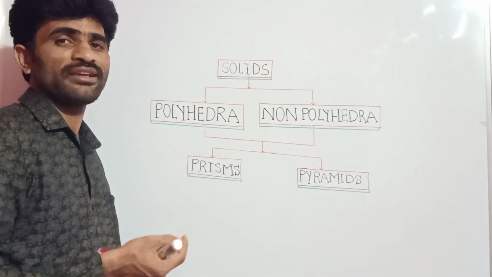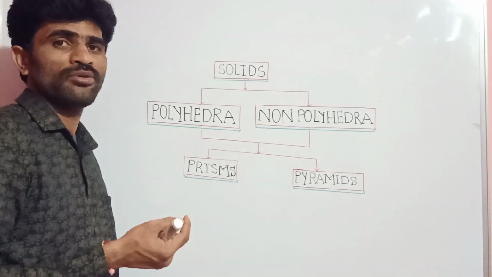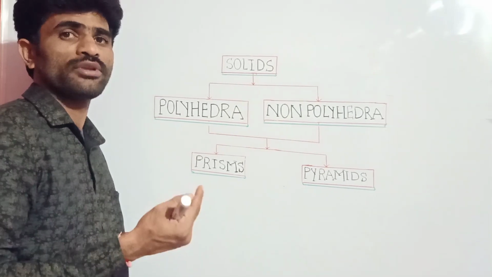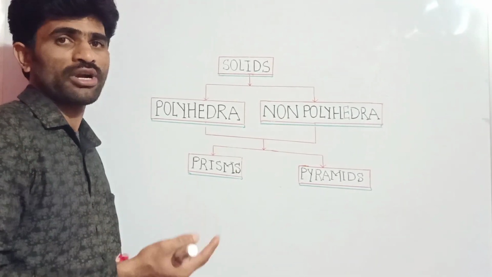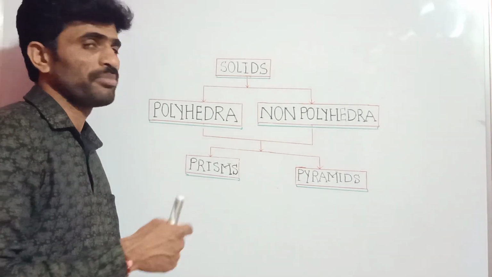For example, triangular pyramid, square pyramid. Okay, even cone. If you observe a cone, top of the cone is what? It is a vertex, whereas bottom has a circle. That is what a pyramid.